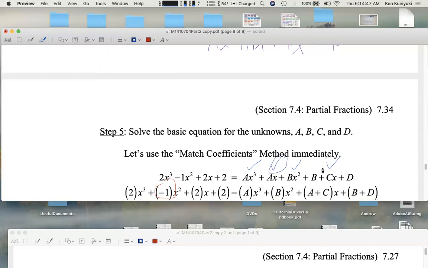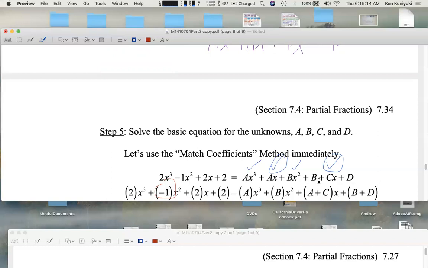ax plus cx is going to be the quantity a plus c times x. So if you believe that, for example, 3x plus 4x is 7x, 3 plus 4 all times x, then you should believe that ax plus cx is the quantity a plus c all times x. It's like we're grouping these and factoring out the x.